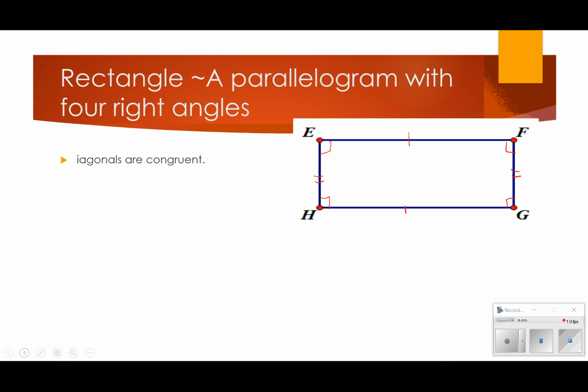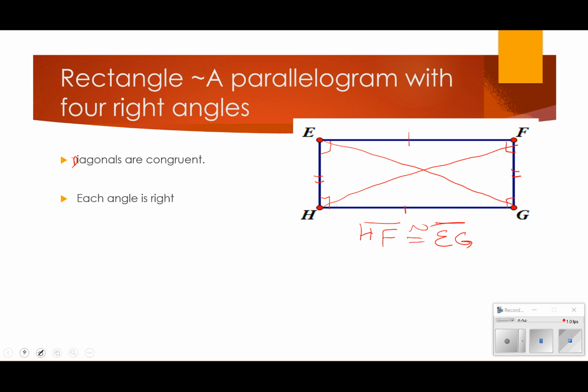But in a rectangle, the diagonals are actually congruent. So if I drew in this diagonal and this diagonal, they are going to be congruent. So HF is going to be congruent to EG. We also know that each angle is right by definition.